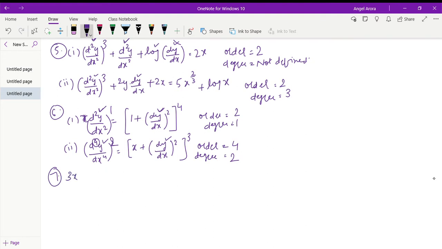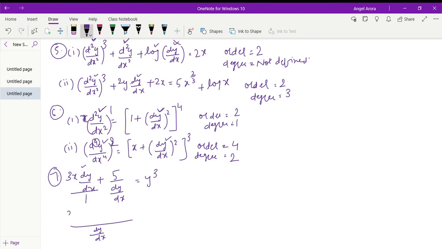Seventh question. 3x dy upon dx plus 5 upon dy upon dx is equal to y cubed. Now this is first order derivative in polynomial form. This is first order derivative, but this power is minus 1. So we will first have to simplify it. Take the LCM. LCM will be dy upon dx.